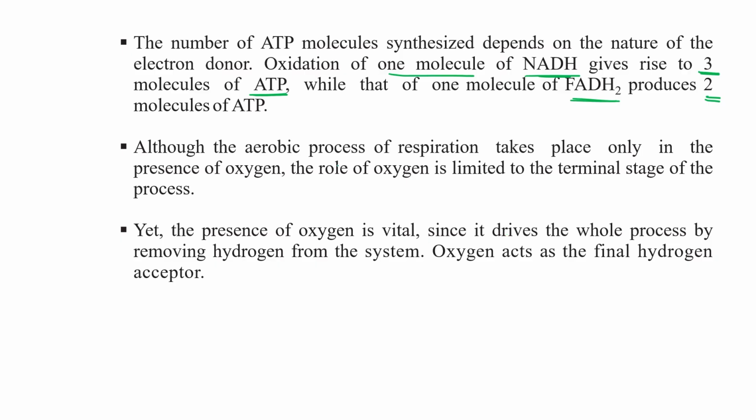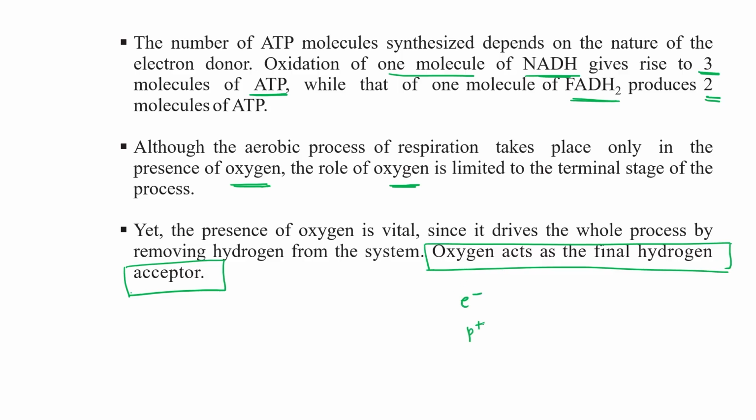Although the aerobic process of respiration takes place only in the presence of oxygen, the role of oxygen is limited to the terminal stage of the process, yet the presence of oxygen is vital since it drives the whole process by removing hydrogen from the system. Oxygen acts as the final hydrogen acceptor, or we can say final electron acceptor, because that hydrogen molecule has one electron and one proton, right?